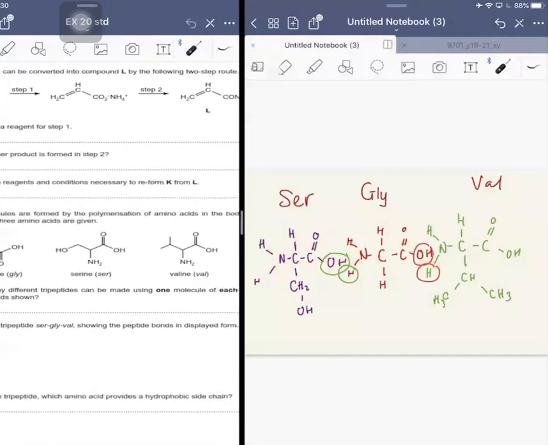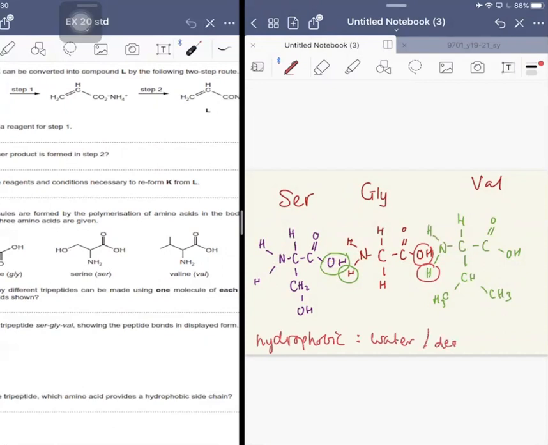Within the tripeptide, which amino acid provides a hydrophobic side chain? Hydrophobic is water hating. It does not react with water, no difference in polarity.